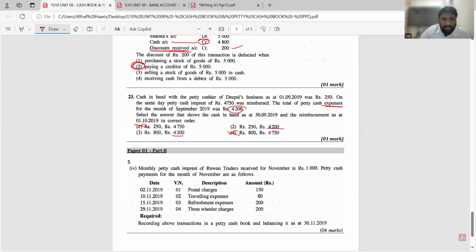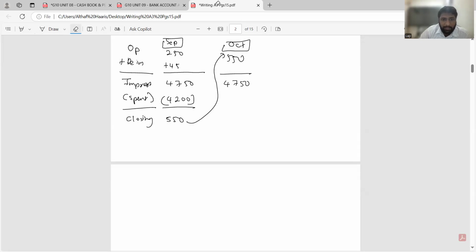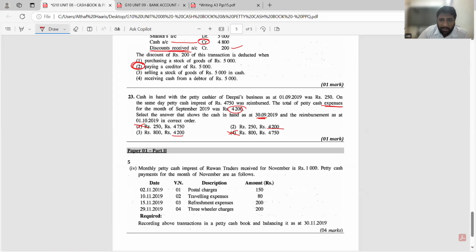Sorry, here I made a small mistake. The reimbursed amount they have given is 4,750, and we had an opening balance of 250.